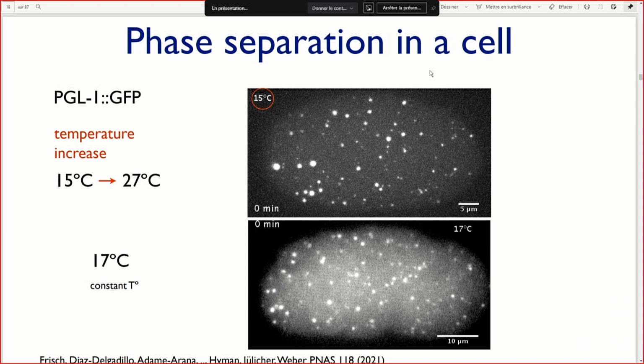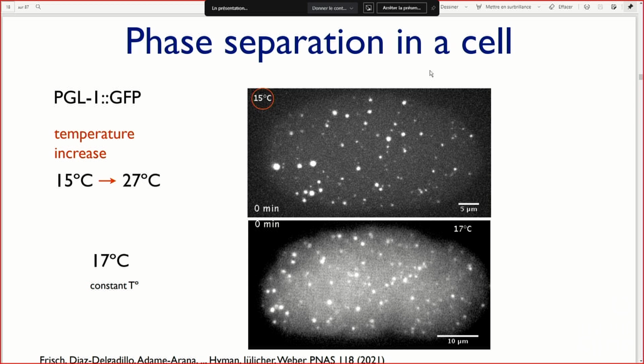Here I show such an experiment. I can't run a movie, but in this experiment, the temperature is changed from 50 degrees to 27 degrees on the upper embryo, and it's left constant at 70 degrees on the lower embryo. And what one finds is that the droplets actually dissolve.